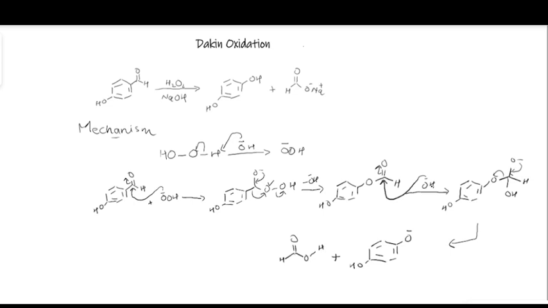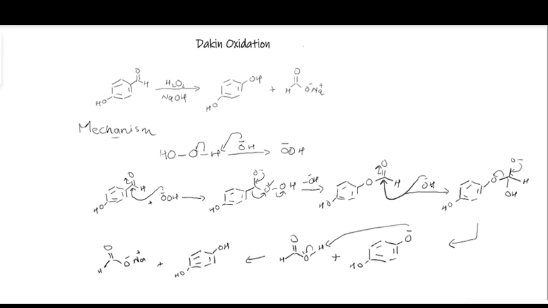This phenolate then abstracts the proton from formic acid, forming a stable phenol, and the sodium salt of carboxylic acid is formed as a result.